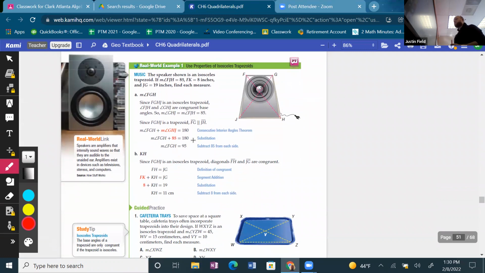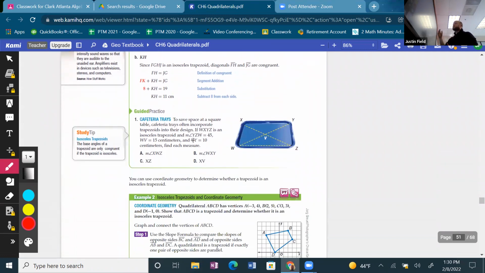All right, and so the speaker is an isosceles trapezoid. This cafeteria plate is an isosceles trapezoid. So we're going to put the measurements in here, and then we're going to know all the other angles and sides because of the property. We have isosceles triangles above and below the diagonals, congruent triangles here, congruent legs there, and we have alternate interior angles, vertical angles.